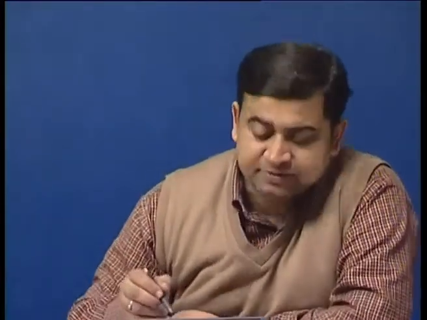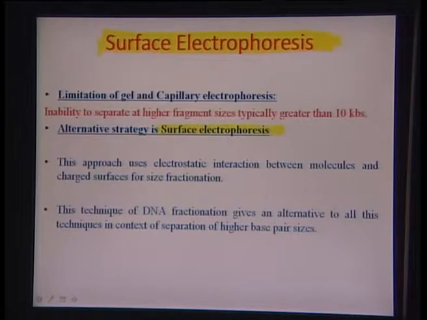To avoid this problem, scientists have investigated this process using an alternative strategy called surface electrophoresis. This approach essentially uses electrostatic interactions between the molecules and the charged surfaces for size fractionation.